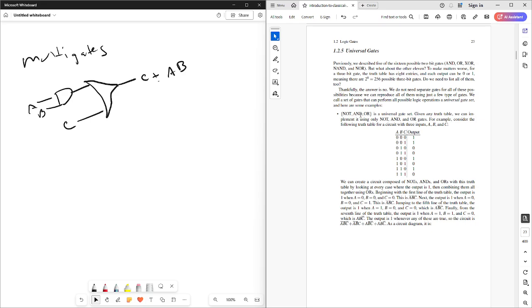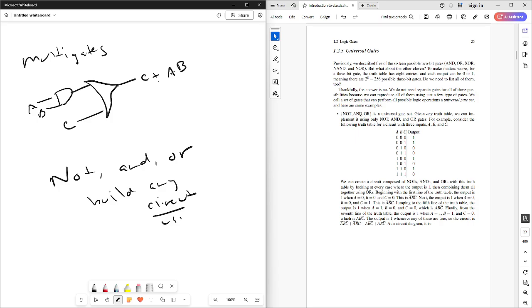So universal gates. We've discussed this at length on the quantum side of things. Basically the gate primitives, the smallest possible chunks that we can build all other gates out of. So for classical, we've got the NOT, AND, and OR, and we can pretty much build any circuit using these gates.